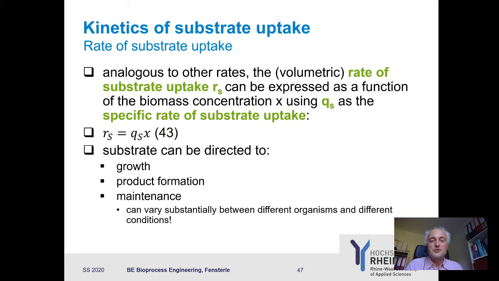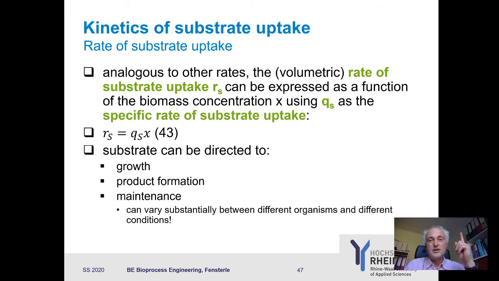Now with the substrate, we have to think of where does the substrate go to. And this is also always true. The substrate can go to growth. You remember we have in our balancing, we have already done that. We have calculated the maximum theoretical biomass yield and so on. There with our electron balances, we have exactly done that. We have looked where the electrons go to, and this is at the end where the substrates go to.